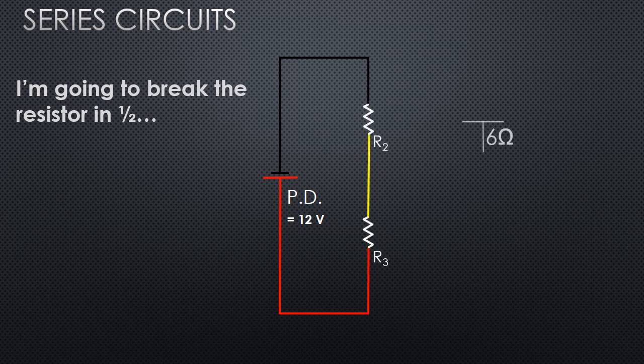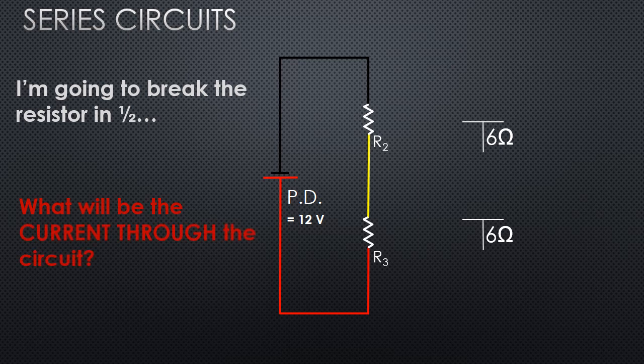And we're going to break this resistor into 2 even loads. What would be the current through this circuit? Well, as we just said, if it was the same resistor that we just broke in half, it would be like adding those 2 together.